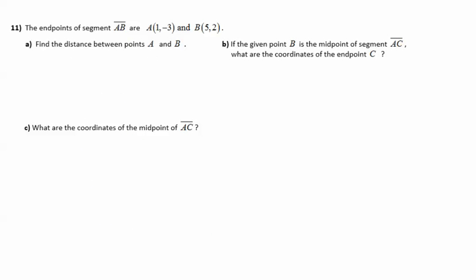In the next problem, they're giving you some information, and part of what you need to do here is sort out what it is they're asking you to do. They're giving the endpoints of a segment AB. So what that means is you have a segment.